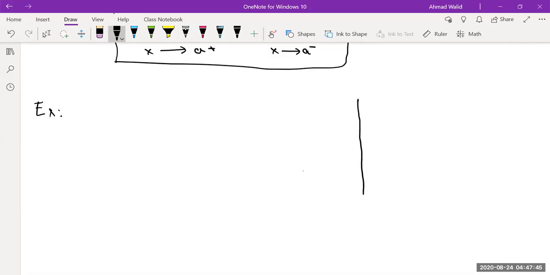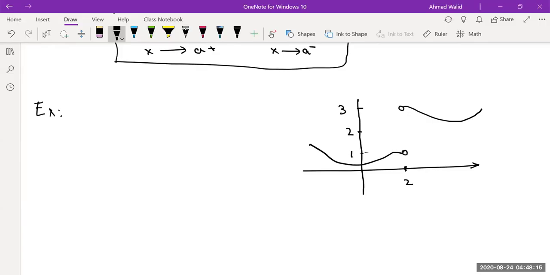Let me draw another graph for you for this example. Again, in this example, I choose 2. I don't know why. Here 1, for example, here 2, here 3. I have part of the graph here, and whatever the shape is not important.